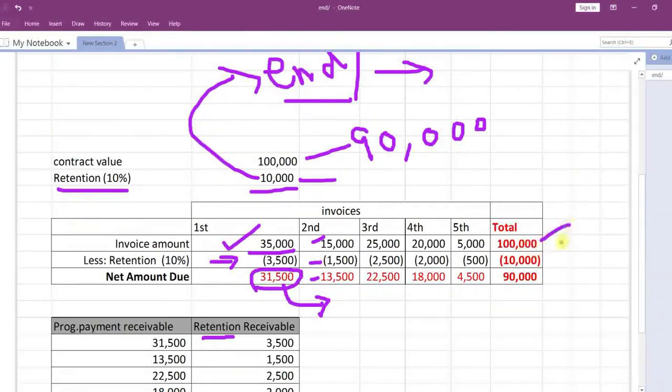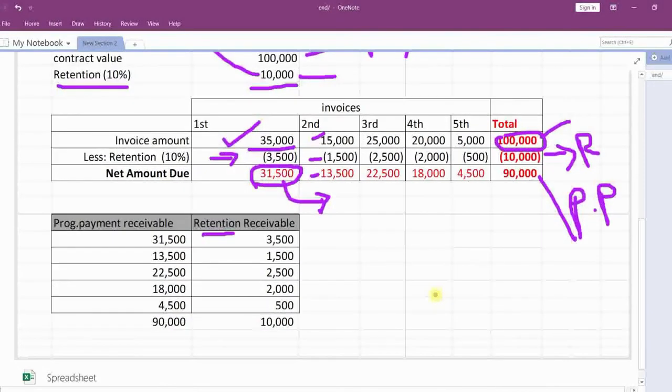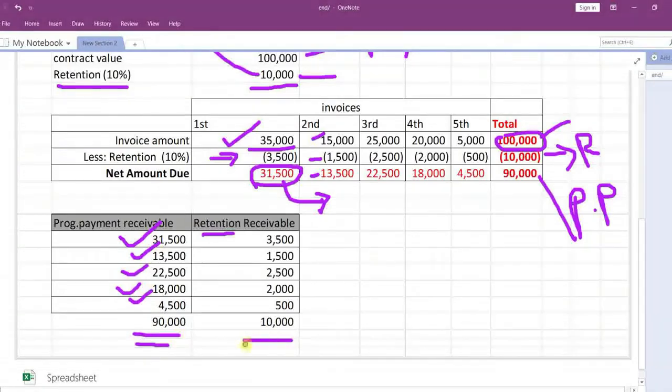At the end of the contract, you have invoiced all this 100,000, but this 100,000 is divided into two parts: one is progress payment, the other part is retention. In a nutshell, these are your progress payments, totaling 90,000, and these are your retainage receivable.